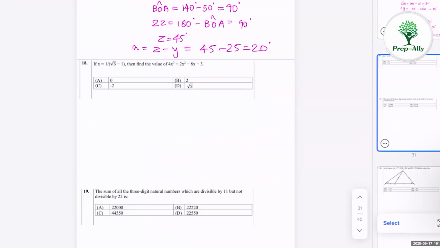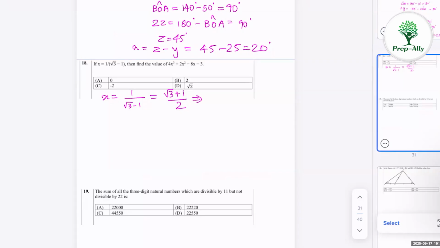Now let's see question number 18. We have x equals 1 by (root 3 minus 1). Let's rationalize the denominator and we have x equals (root 3 plus 1) by 2. Now let's isolate the root 3.